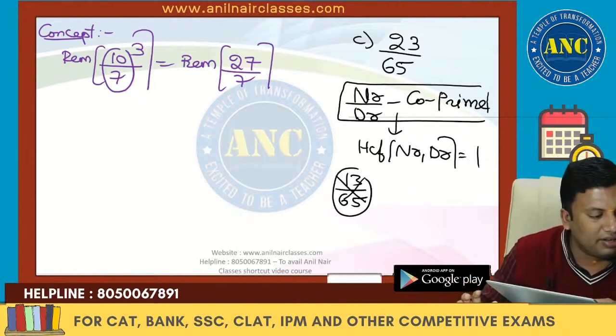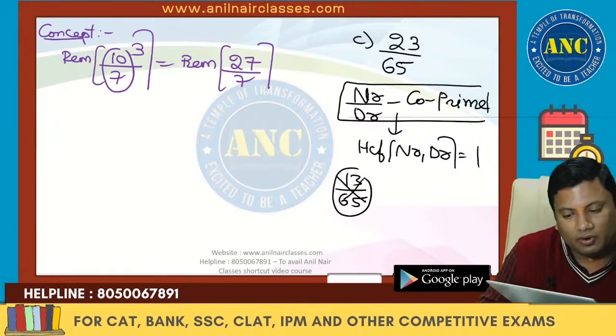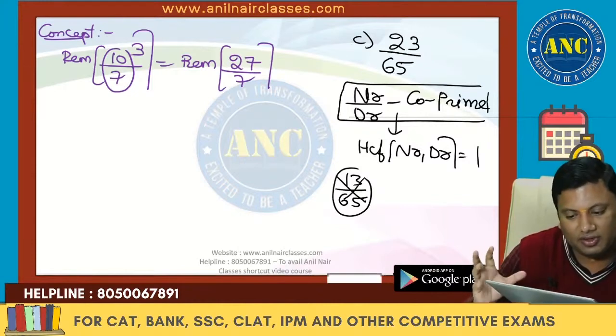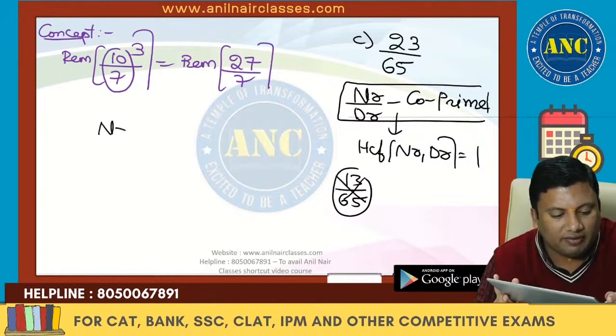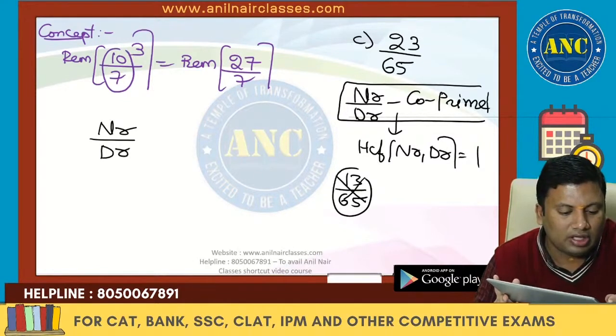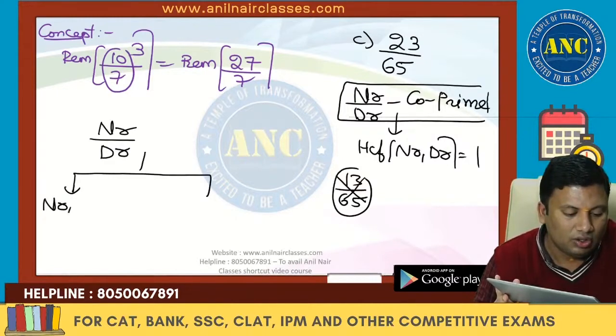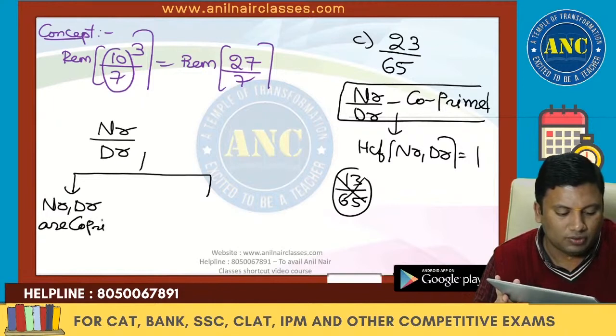23 by 65. Now see the logic. That variety we will solve a little later. First, we are discussing questions where the fraction is of the form numerator by denominator. First case: numerator and denominator are co-prime to each other.